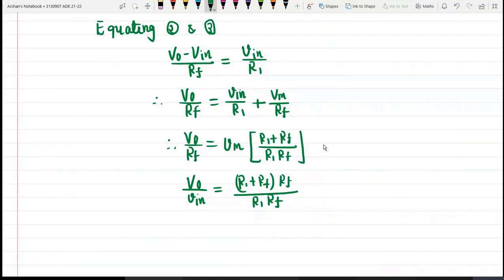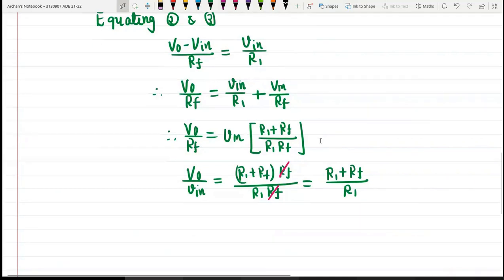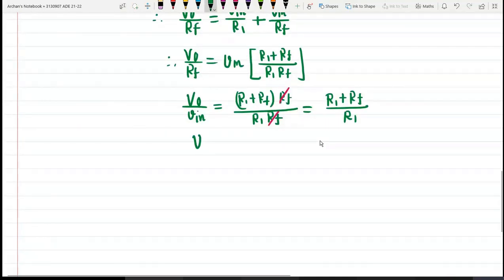So this RF will get cancelled out, and we will be left with (R1 + RF) divided by R1. So this is our ratio. The ratio V0 by Vin is equal to R1 by R1 plus RF by R1, so R1 by R1 will be 1 plus RF by R1. This is the closed loop gain.